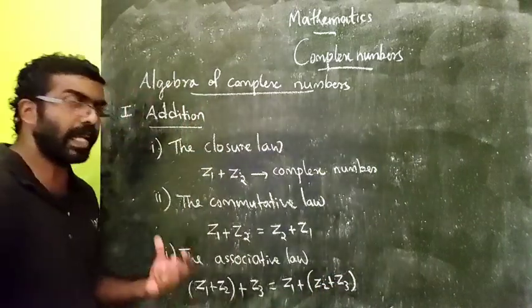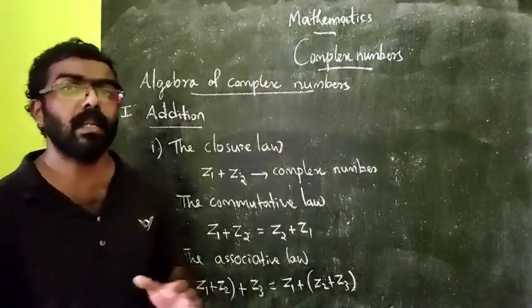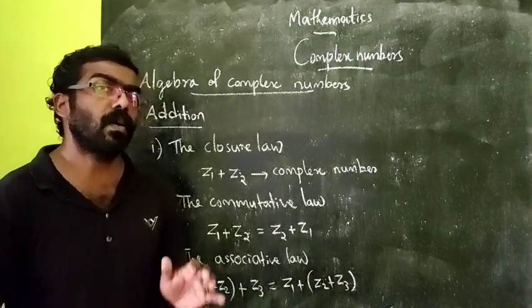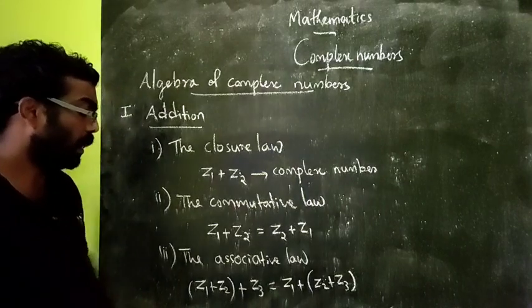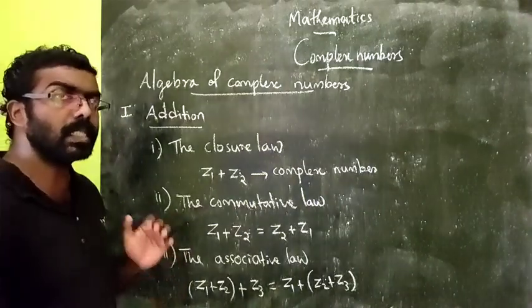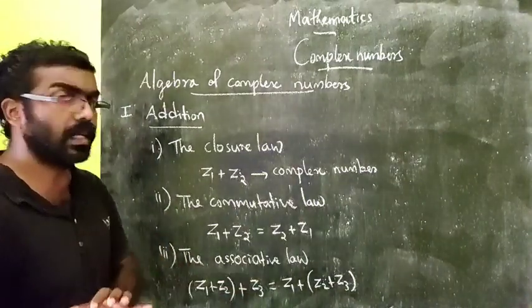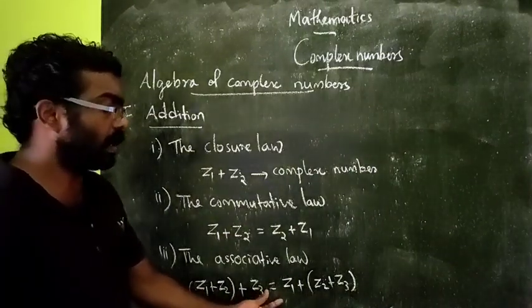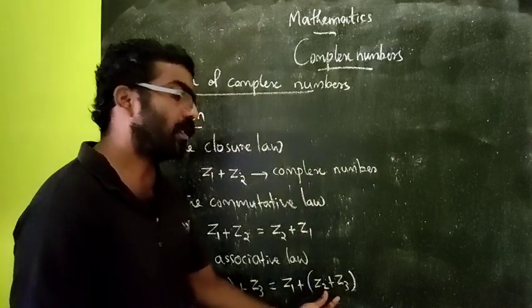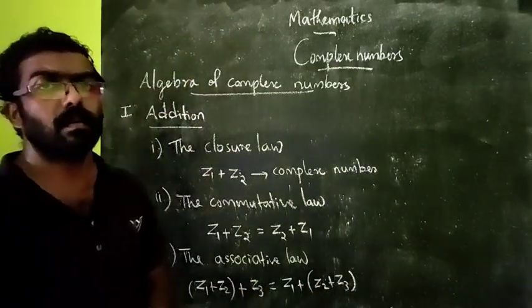That means we can add three complex numbers in any order. Okay. For any three complex numbers Z1, Z2 and Z3, Z1 plus Z2 plus Z3 will be equal to Z1 plus Z2 plus Z3. Clear?